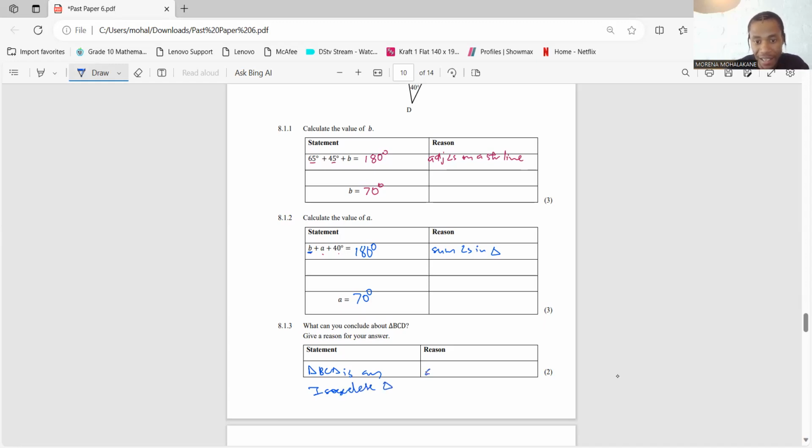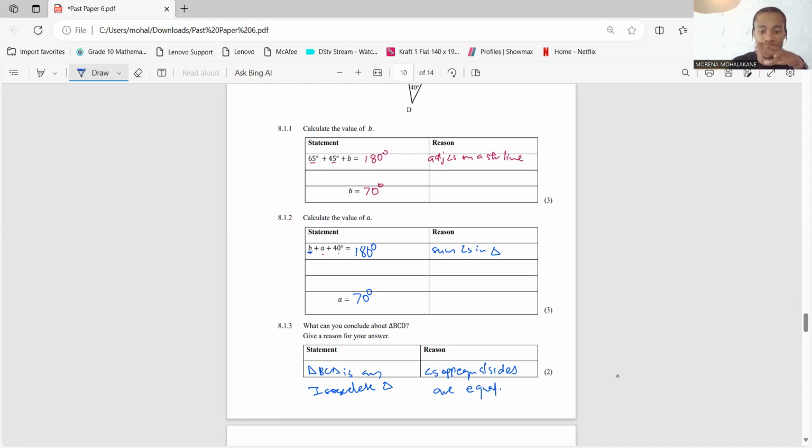Reason: angles opposite equal sides are equal. Remember, this is a different thing from answering the question.